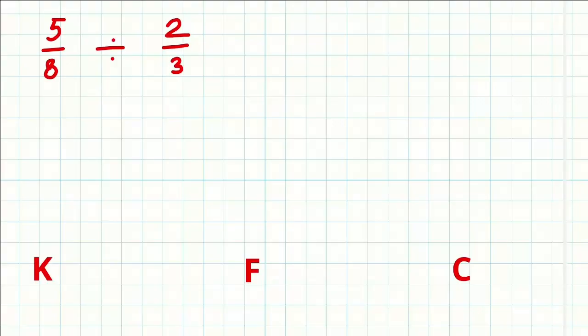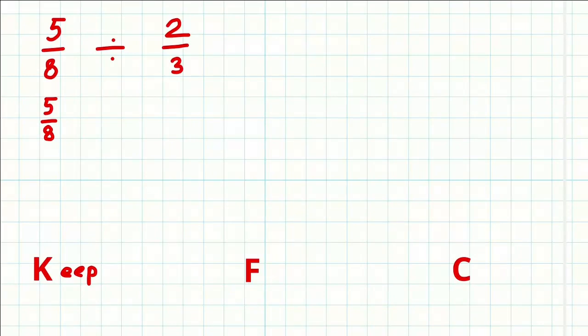So I'll show you an example first, and then afterwards I'll talk about why it works if you're interested. So remember KFC. K stands for keep. That means we keep the first fraction as it is.